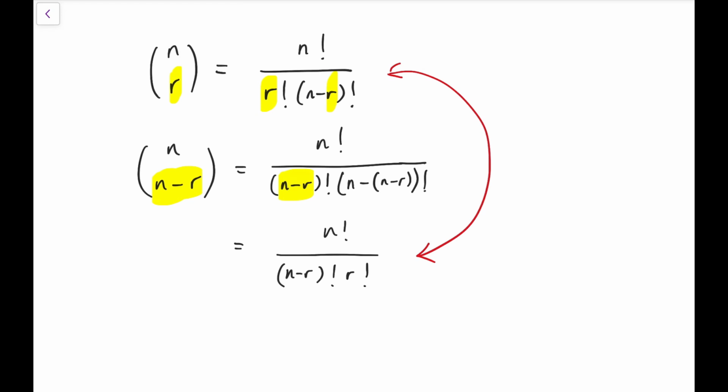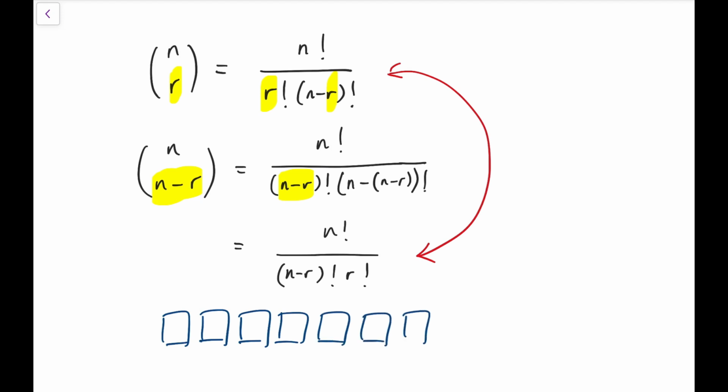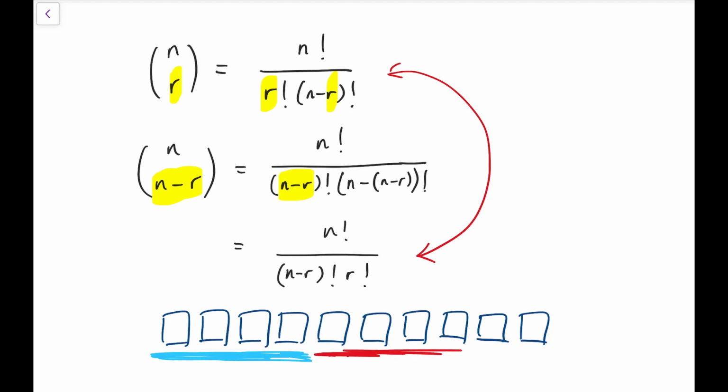Or maybe a combinatorial proof. So these blue squares can be imagined as objects. So now there are 10 of them. Say if I'm going to choose 4 of them, say I choose it like this, the number of ways to choose 4 objects is basically the same as unchoosing the other 6 objects.